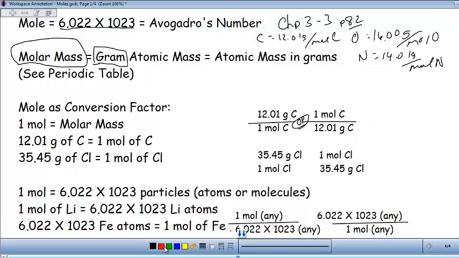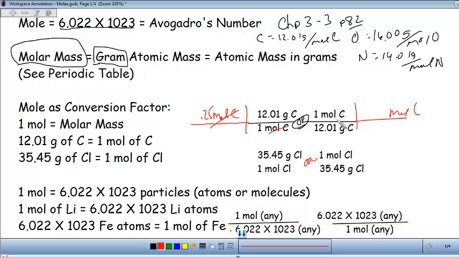Let's suppose we were trying to convert, say, 0.25 moles of carbon to grams. The moles of carbon would cancel here, and we'd multiply this by 0.25. Here, we would say we're trying to convert grams to moles. So on this side, moles of carbon would come out.